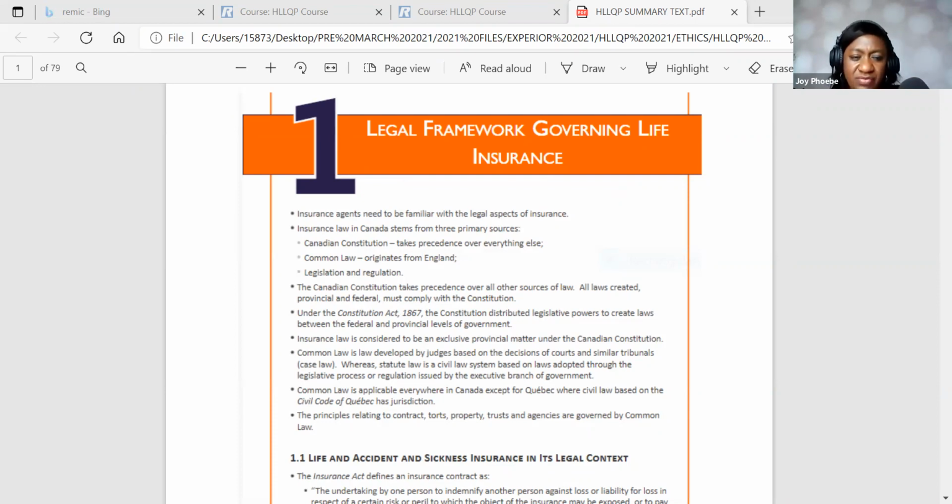We've talked about the insurer being the life insurance company, and members and scope of coverage. The group life insured refers to a person whose life is insured.